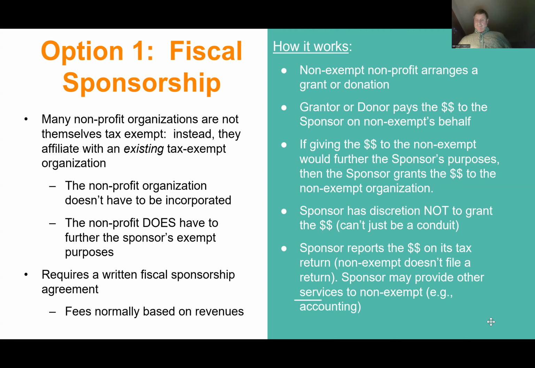But they do have discretion to not accept a grant or not pass the grant on to you, because they cannot just be a conduit. They have their own activities as well that they need to keep funding.